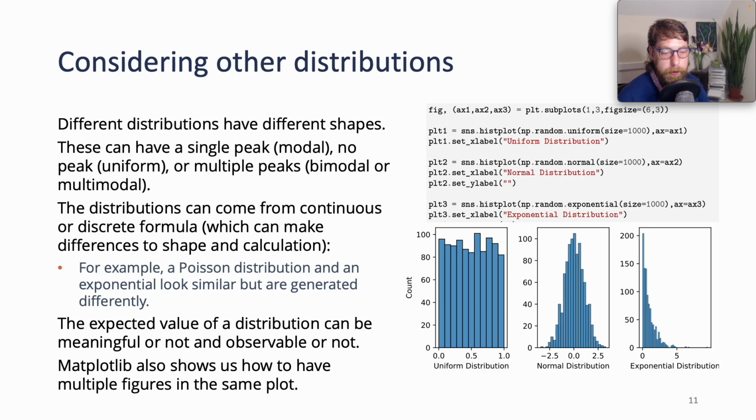The other interesting thing to point out here is how we can have multiple plots in the same figure. Before, we had figure and axis, and we were just adding things to that AX. But in this case, we can have a figure which represents the overall image that we're trying to render, and then subplots. So not just AX, but now we have AX1, AX2, and AX3.